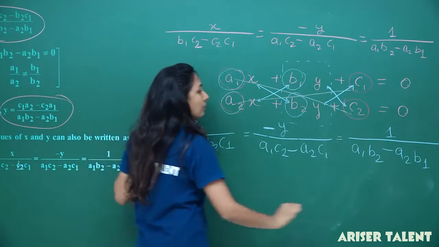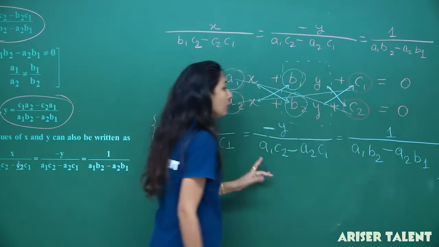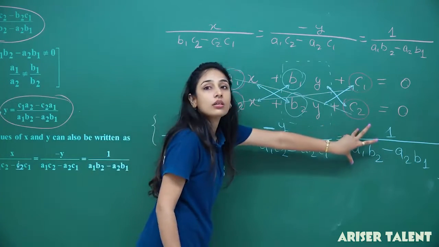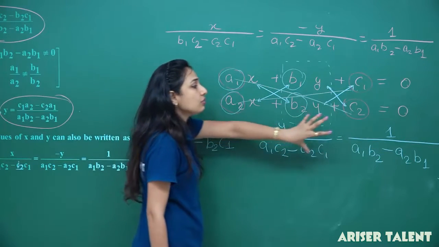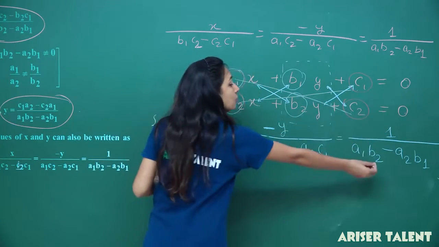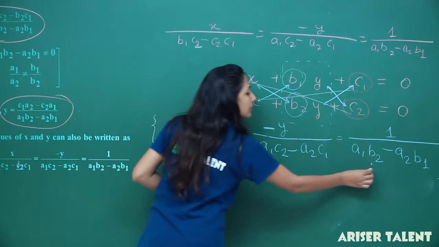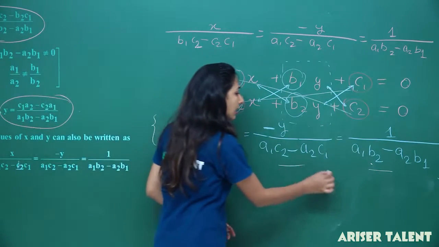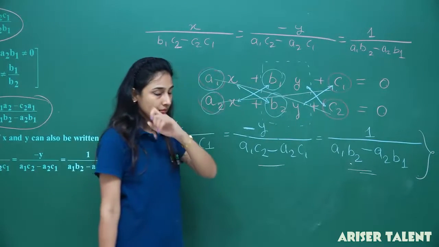So these are the values. Now how will you find the value? You have this equal to this constant. You have this equal to this constant. By the first and third one, you can find the value of x, and by this and this, you will find the value of y.